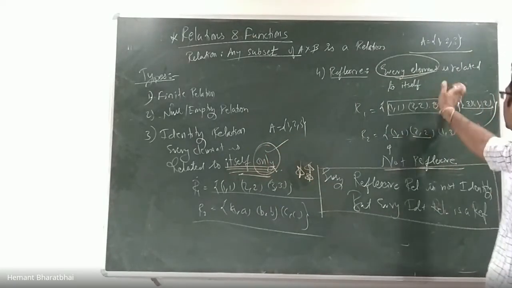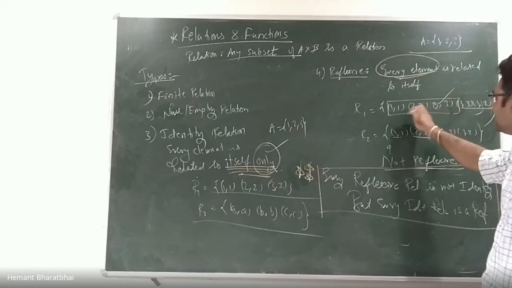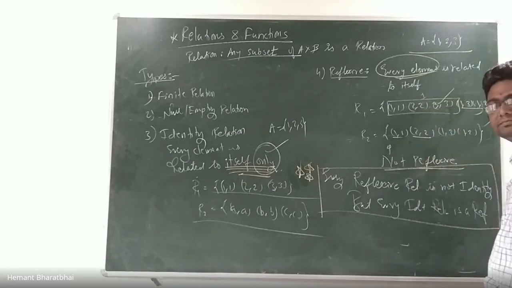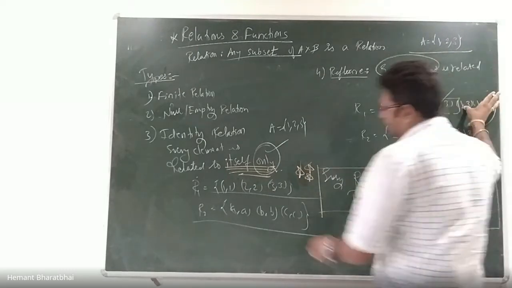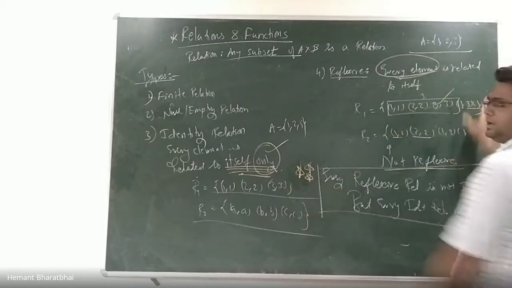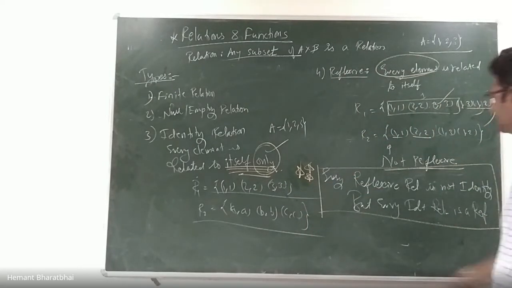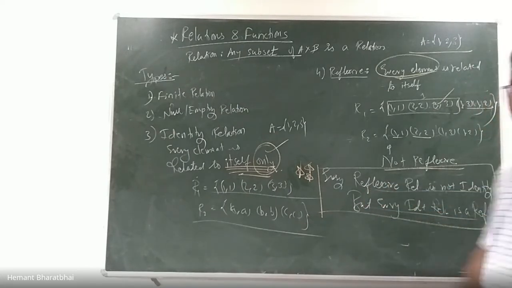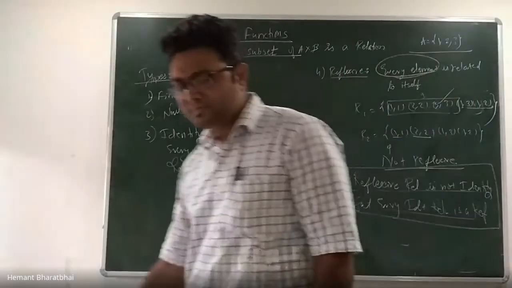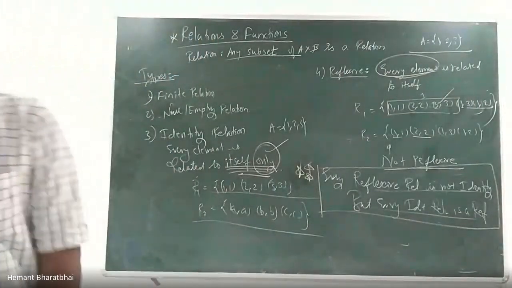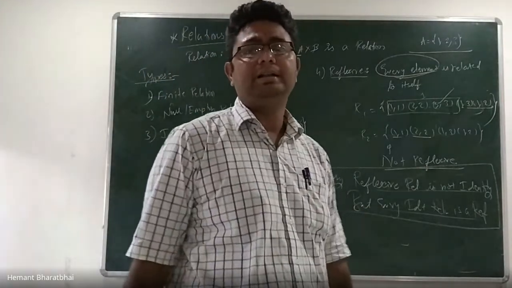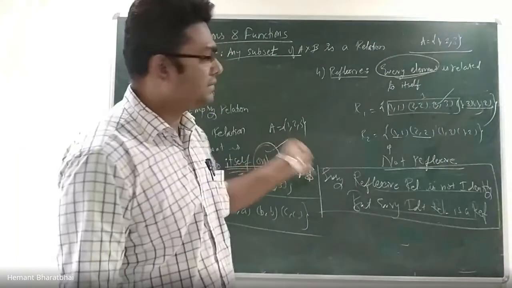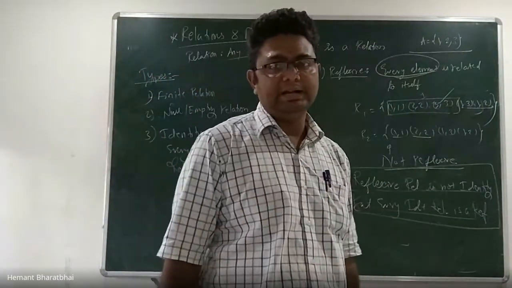This I can say is the identity relation. But this is my reflexive, and I cannot include 1,3 and 1,2 here. Hence I can say that every identity is reflexive, but every reflexive cannot be an identity relation. Okay, very important statement, understand this. Every identity relation is a reflexive relation, but every reflexive relation cannot be an identity relation.